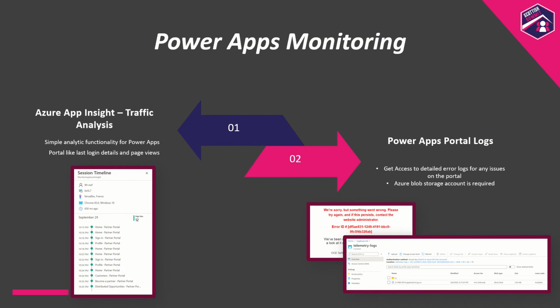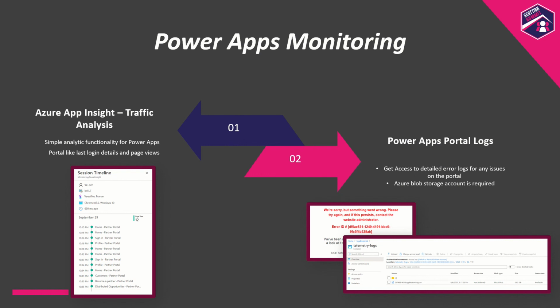So the two features, from my viewpoint, are very important. But if we have a choice between the two, because both require some additional Azure resources, I would say that the second one, the Power Apps portal logs, is the most important one, because if you cannot help your users when they are facing issues and when your portal is not working as it's supposed to, this will cause problems, I think.